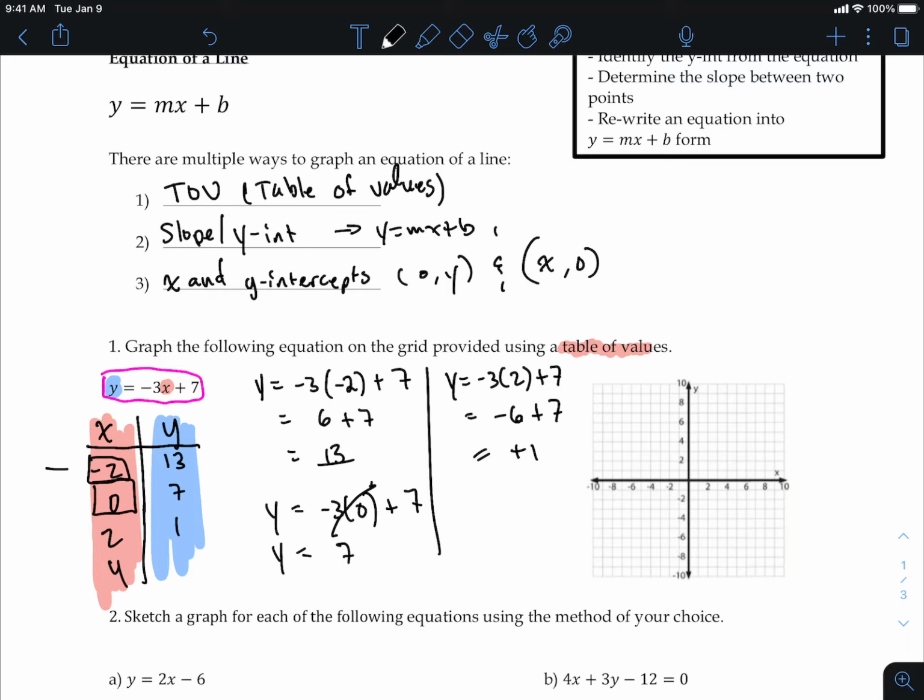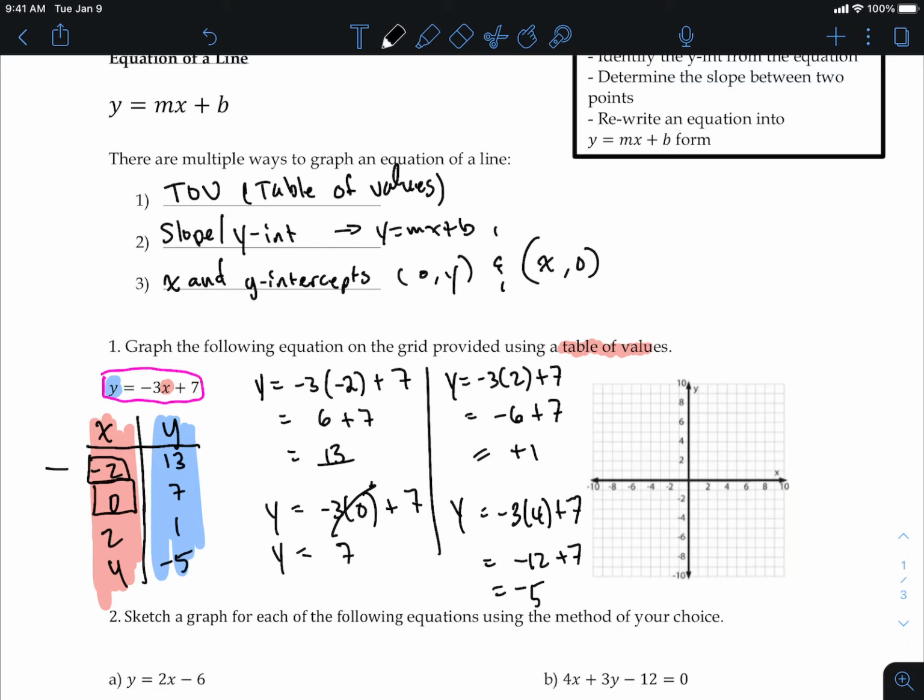Okay, that spits out 1. And then when I plug in, oh boy, -3 times 4 plus 7, so -12 plus 7. Okay.